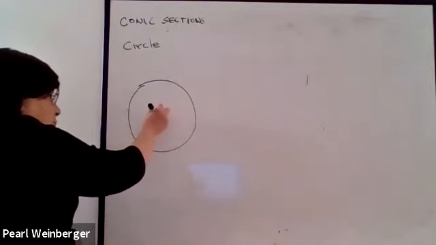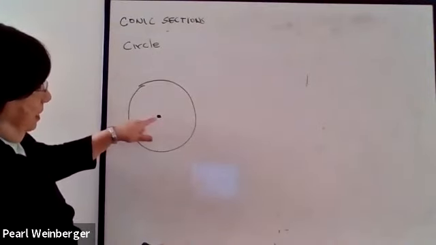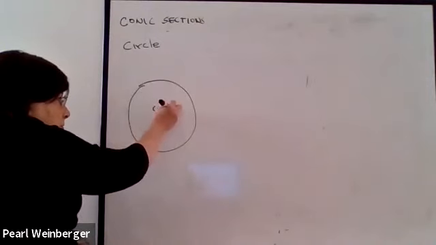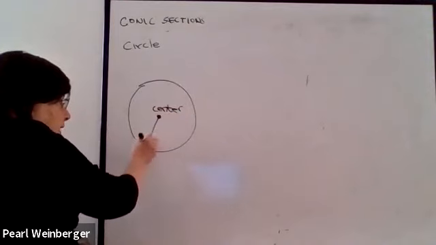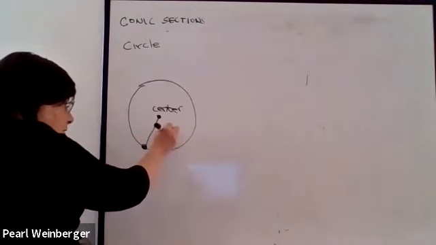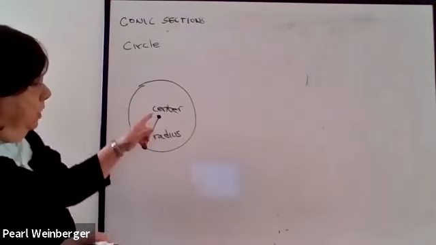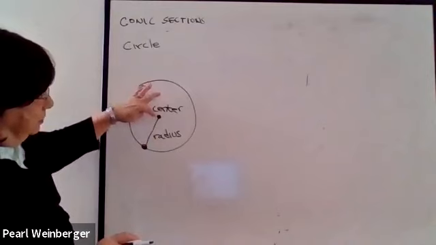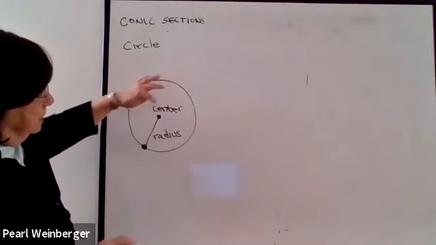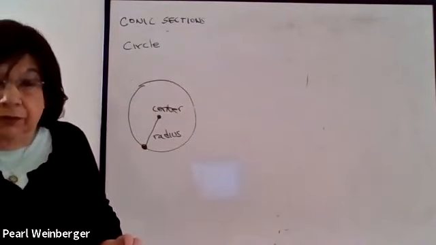The distance from the center to the edge of the circle is called the radius. No matter where you go, if you start at the center and go to the edge, you'll always be going the exact same distance. That's what gives it this round shape.